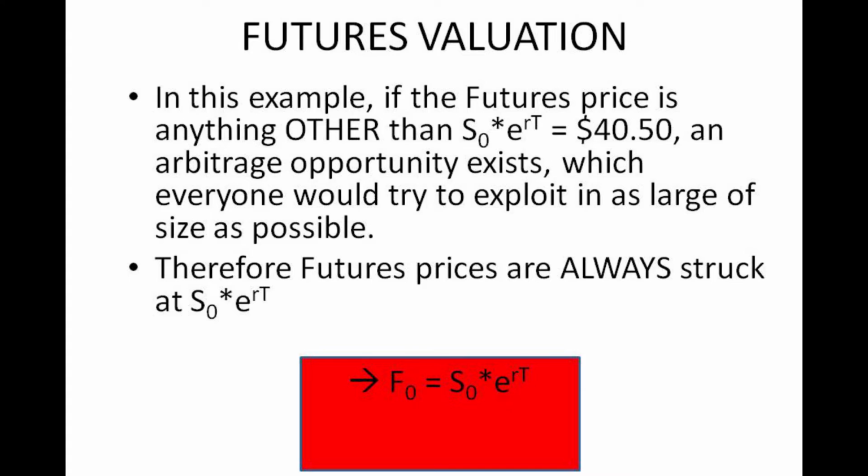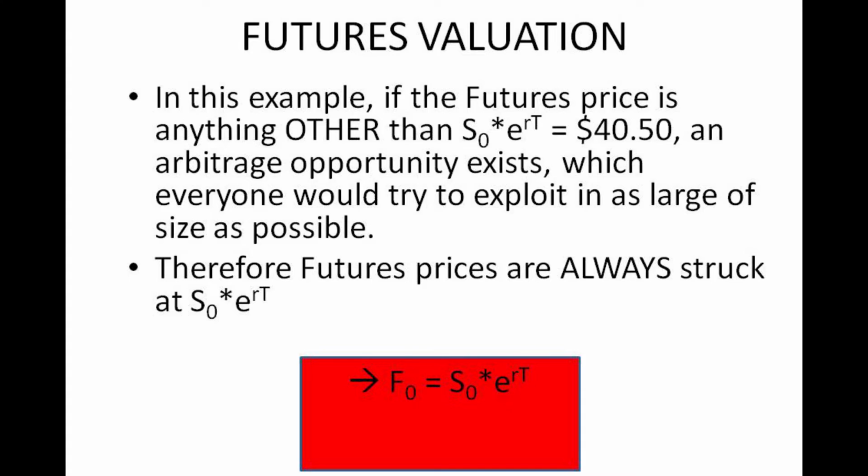And that is, as shown on the screen here, F0, so the futures contract at time 0, the price of the futures right now, is equal to S0, which is the spot price, the price of the underlying right now, times e to the RT. So it's a simple present valuing function is all we have to calculate in order to see what the fair value of the futures contract is.